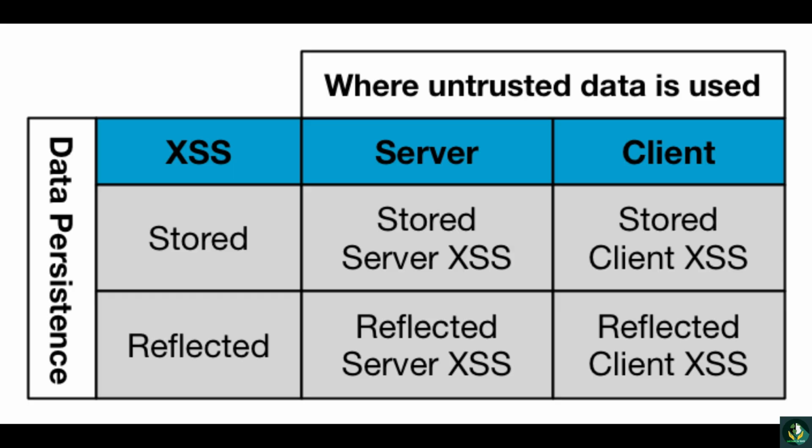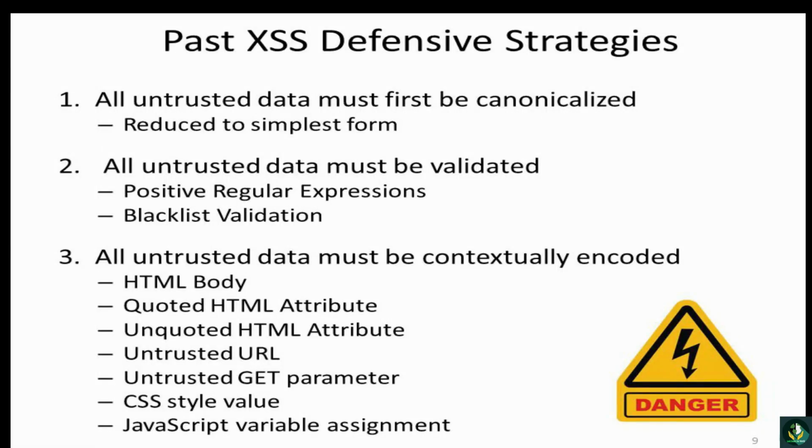All untrusted data must be validated, positive regular expressions, blacklist validation, and all untrusted data must be contextually encoded: HTML body, quoted HTML attribute, unquoted HTML attribute, untrusted URL, untrusted GET parameter, CSS style value, JavaScript variable assignment.